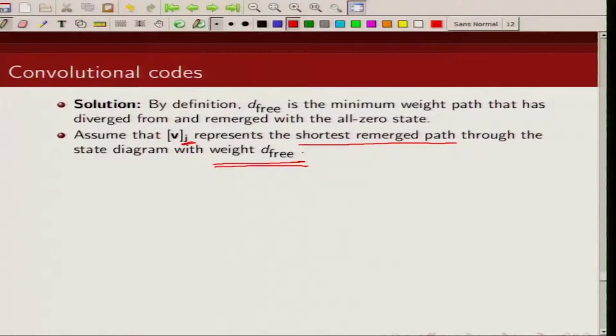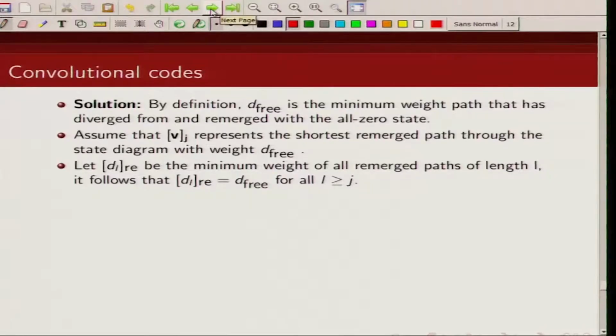So, if t equal to j is the smallest time which represents the shortest re-merge path through this trellis diagram, then what does it mean? It means if we denote by dl the minimum weight of all re-merge paths. What is a re-merge path?